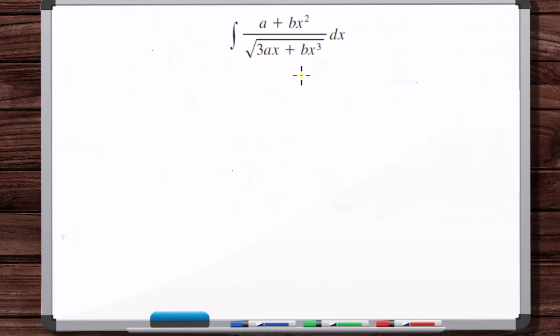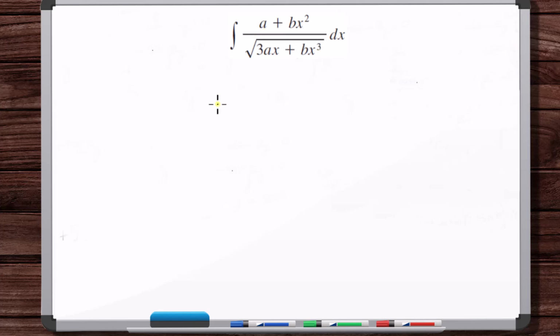Okay, so the idea is, again, we want to substitute for something so that when we take the derivative of that something, the result is something else in the integral. And so if we take the derivative of this here, we'll end up with something a, because the x will go away, and then something x squared, because this will go down by 1 power, and that's kind of the form here.